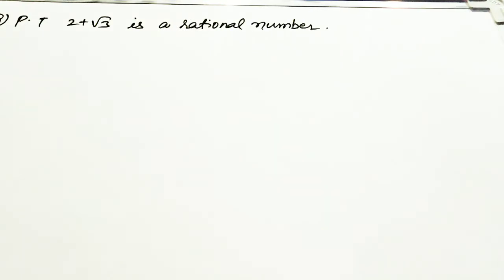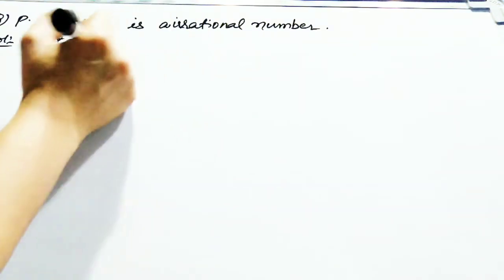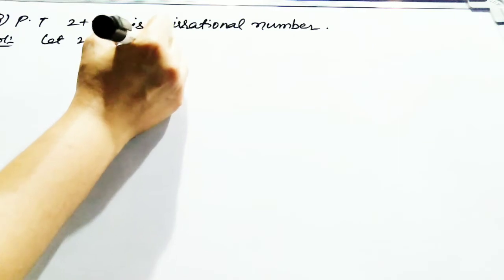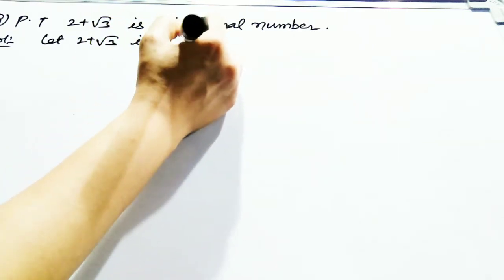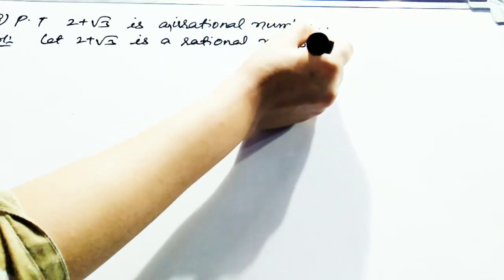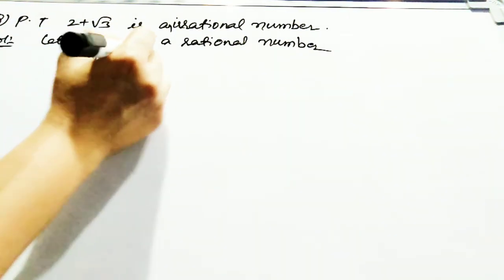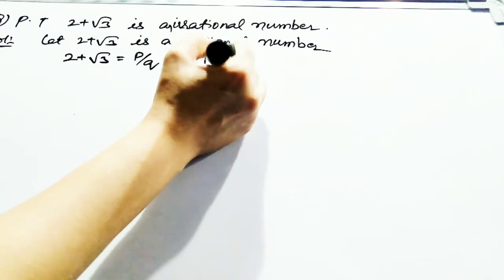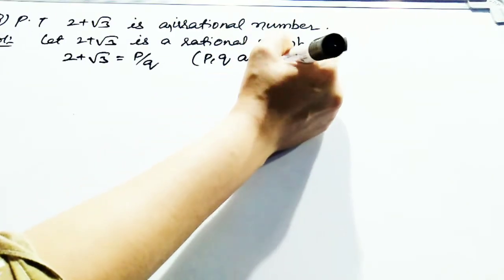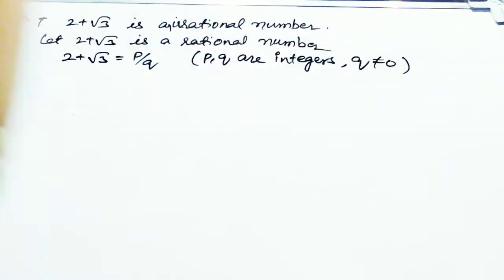Let's prove one more problem. Prove that 2 plus root 3 is an irrational number. Let 2 plus root 3 be a rational number. If it is a rational number, it must be in p by q form, where p and q are integers and q is not equal to 0.